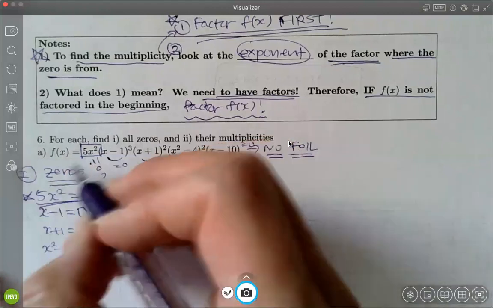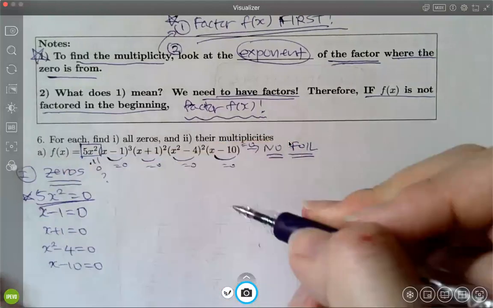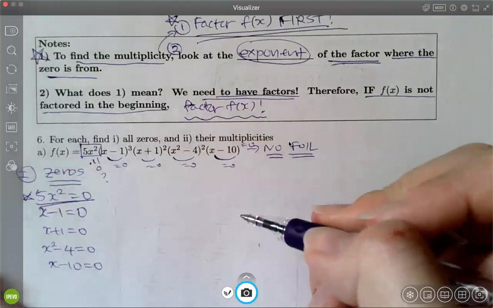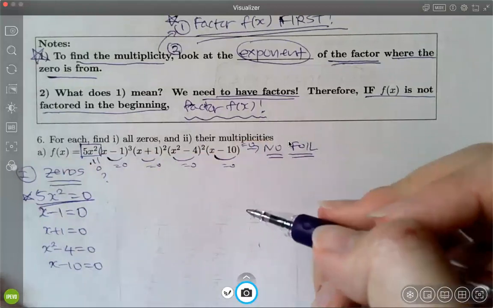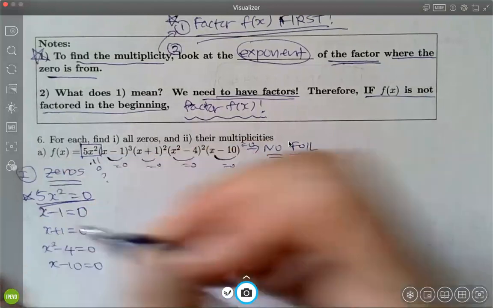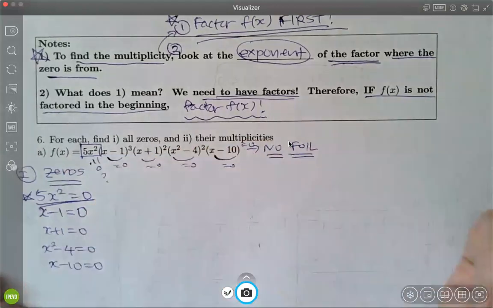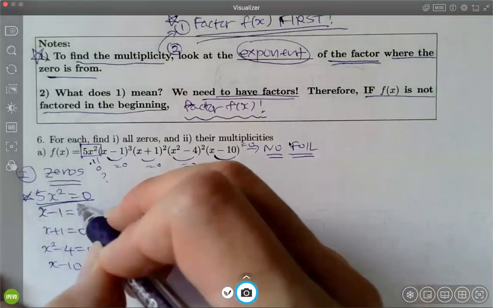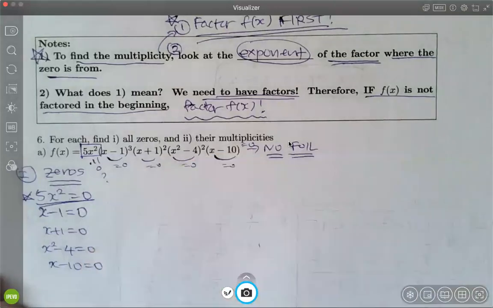It contains x. So even if something is not within the parentheses, if that contains x, you must set it equal to 0. Okay, so be careful with that. Most people forget about this equation, but you shouldn't.